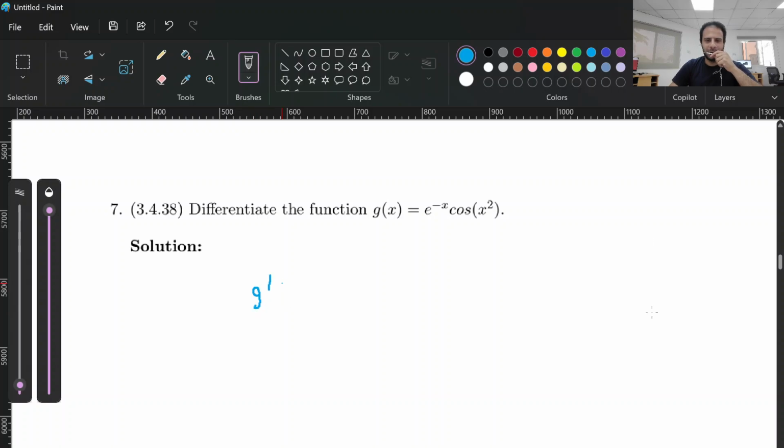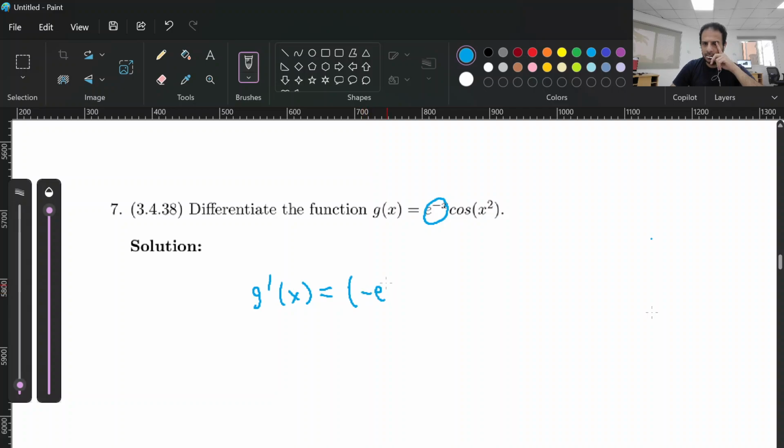So g prime of x equals what? Which one do you want to start differentiating? We'll start with minus e to the power minus x. What's the derivative of e to the minus x?